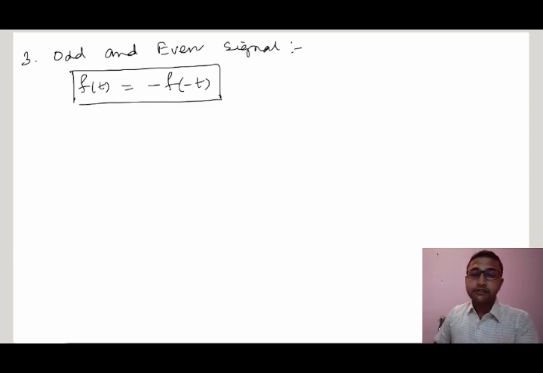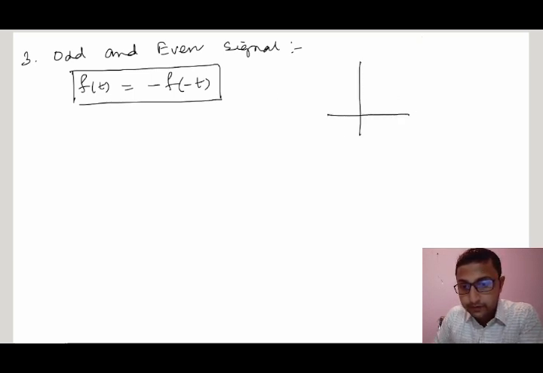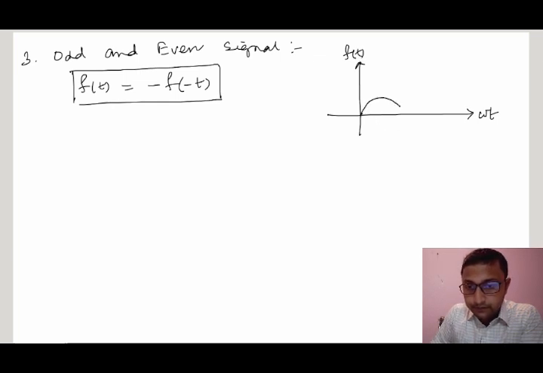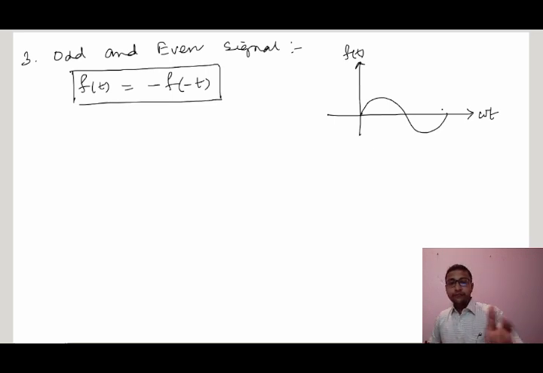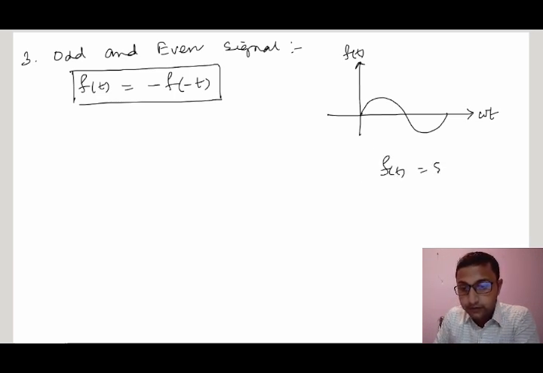The example of an odd signal is the sinusoidal signal. Very common example, right? So this is the time axis, basically omega t. This is the signal f(t). So this is a sinusoidal signal. f(t) = sin ωt.